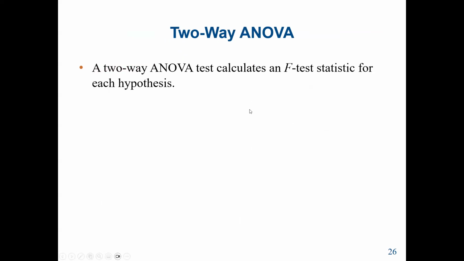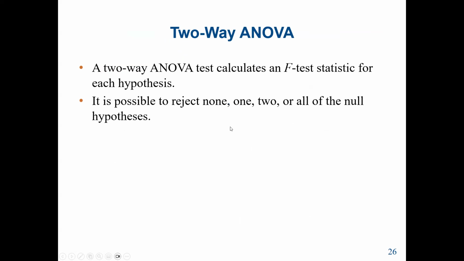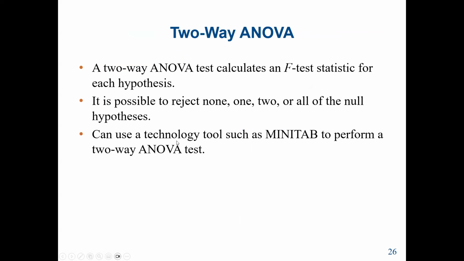Two-way ANOVA tests calculate the F-test statistic for each hypothesis. Then it's possible to reject none, 1, 2, or all of the null hypotheses. We can also use a technology tool such as Minitab to perform two-way ANOVA.